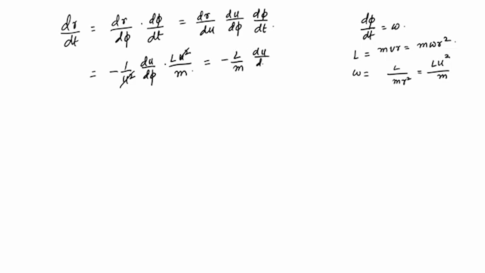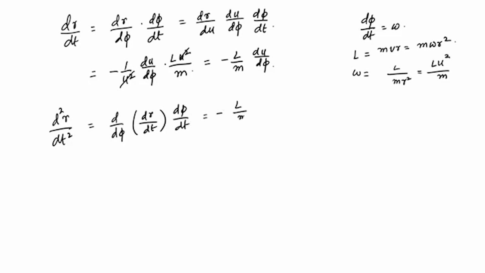That is your dr dt, but that is not where you stop, because you need d2r dt2, the second derivative. So, this is equal to d d phi of dr dt times d phi dt again, which is nothing but omega. So, this is equal to minus L over m d2u d phi 2.